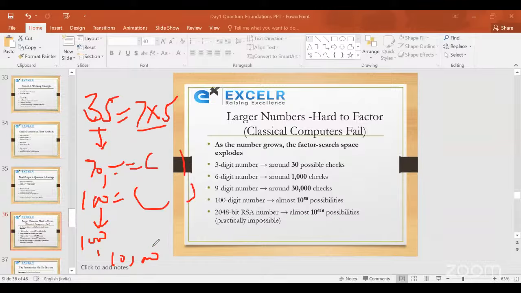But why is it easy? Based on our observation. If we go on to 1000, it's easy based on our observation, 10 into something. But if we take 1076, then its factorization is something typical.